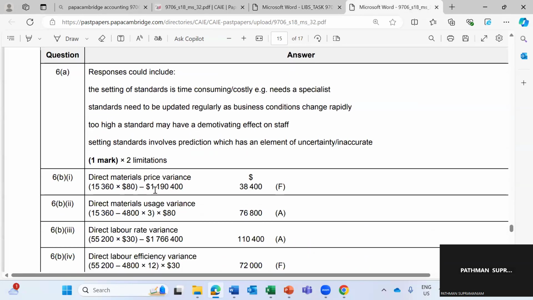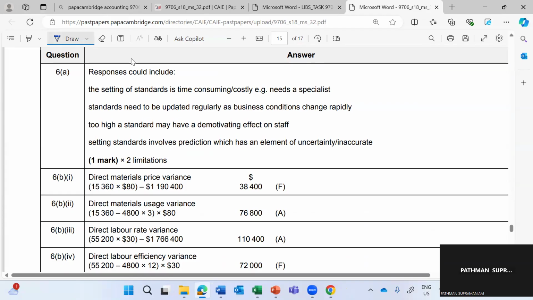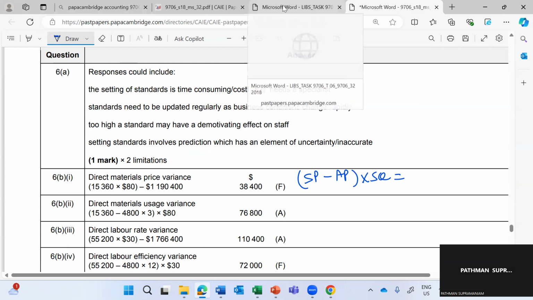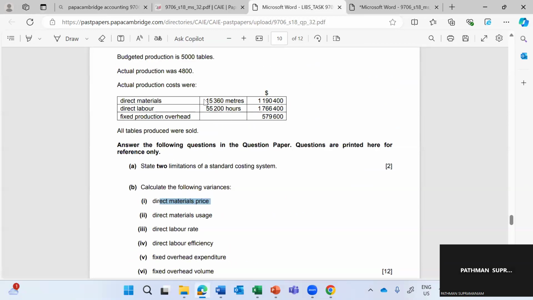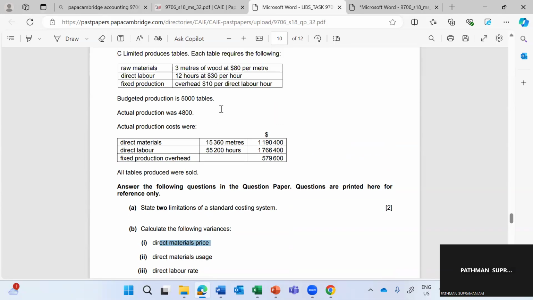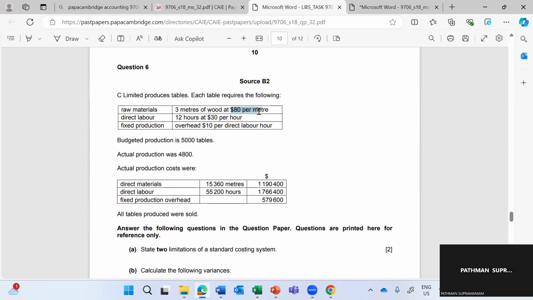So the formula is standard price minus actual price times actual quantity, right? The standard price is $80 per meter.